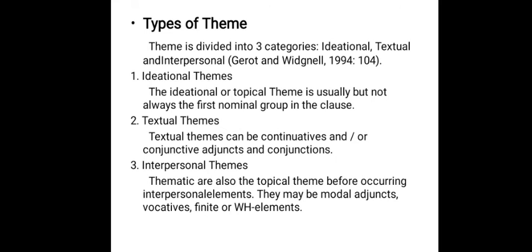Textual themes can be continuatives and or conjunctive adjuncts and conjunctions. Interpersonal themes are also topical themes before occurring interpersonal elements. They may be modal adjuncts, vocatives, finite, or WH elements.